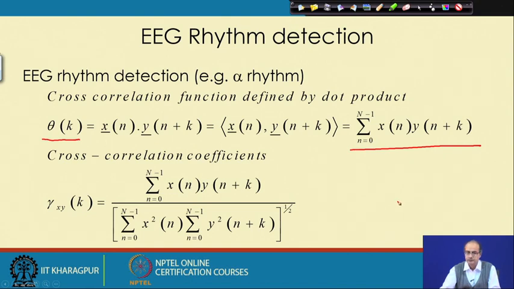That signifies that these two signals x and y have a good correlation at this particular lag. And why do we vary this k and take different lags? The reason is we do not know where they will align with each other. So we need to try different lags and find where we get the maximum value of the cross correlation.